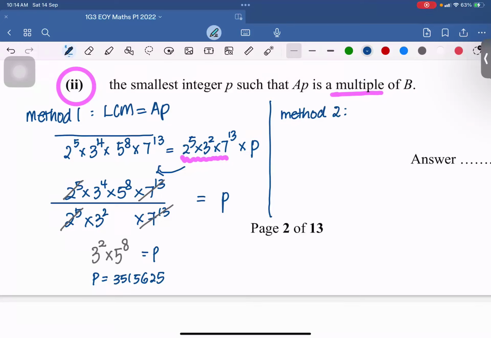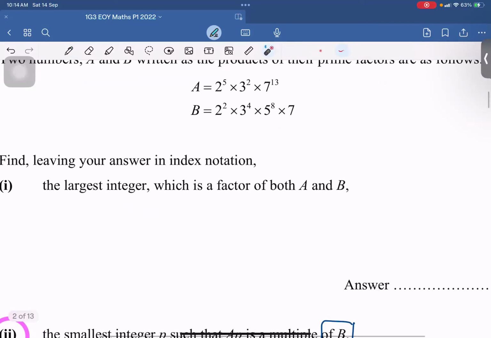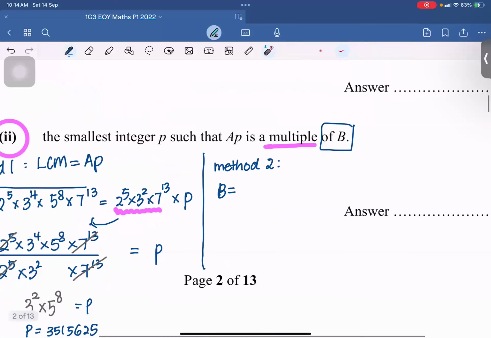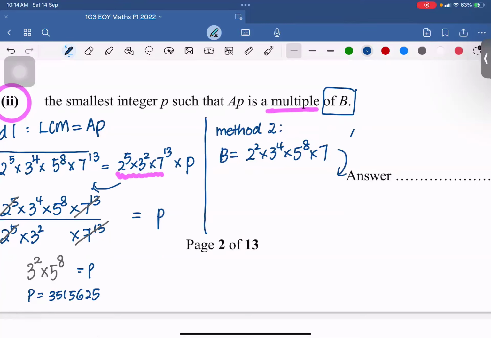AP is a multiple of B. So B takes priority, meaning all the factors of B must be included: 2 squared, 3 to the power 4, 5 to the power 8, 7. A is just the number 2 to the power of 5, 3 squared, 7 to the power 13.